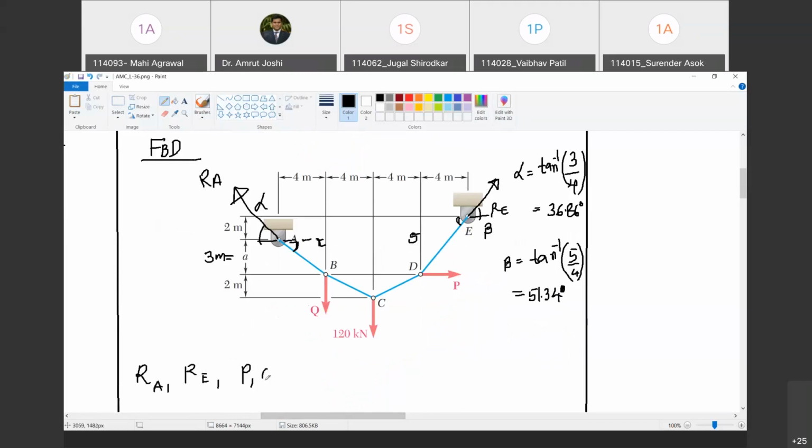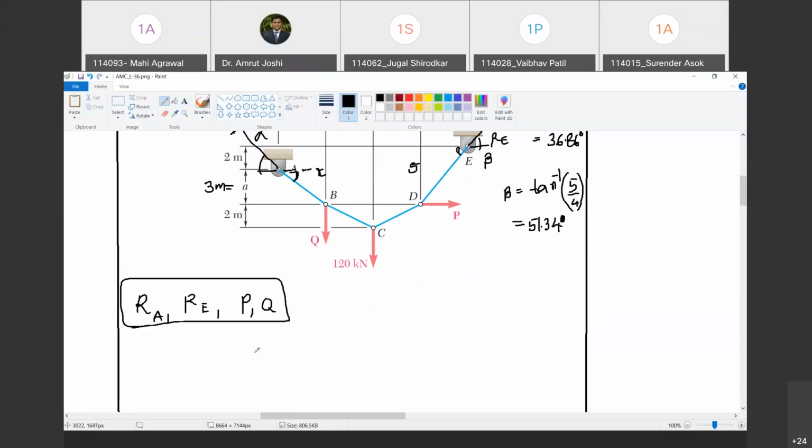P, and Q. हाँ, now इस entire body को कितने equations of equilibrium applicable है बताओ? 3. So for these 4 unknowns, we require 4 equations, out of which 3 equations are very easy. 3 equations are just equilibrium equations that we are going to use for the FBD of entire body. Do you agree with me? Yes, sir. So let us obtain those equations.